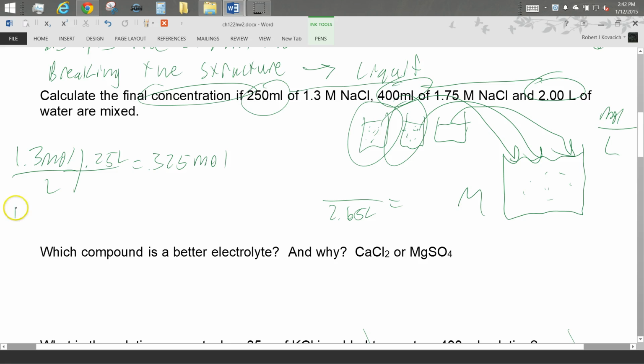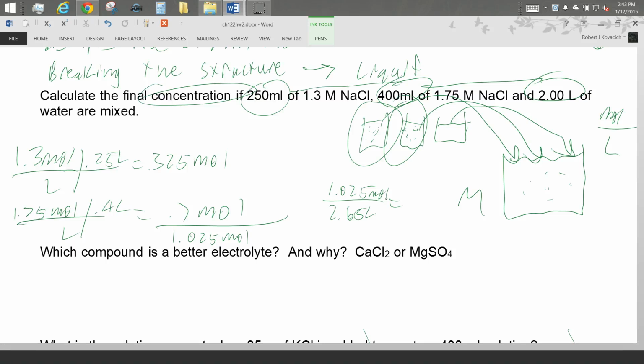And in the second container, I've got 1.75 moles per liter, but I've got 0.4 liters this time. So 1.75 times 0.4, and here I've got 0.7 moles. So my total moles in this container now is 1.025 moles. So I'll just put that right there. 1.025 divided by 2.65.